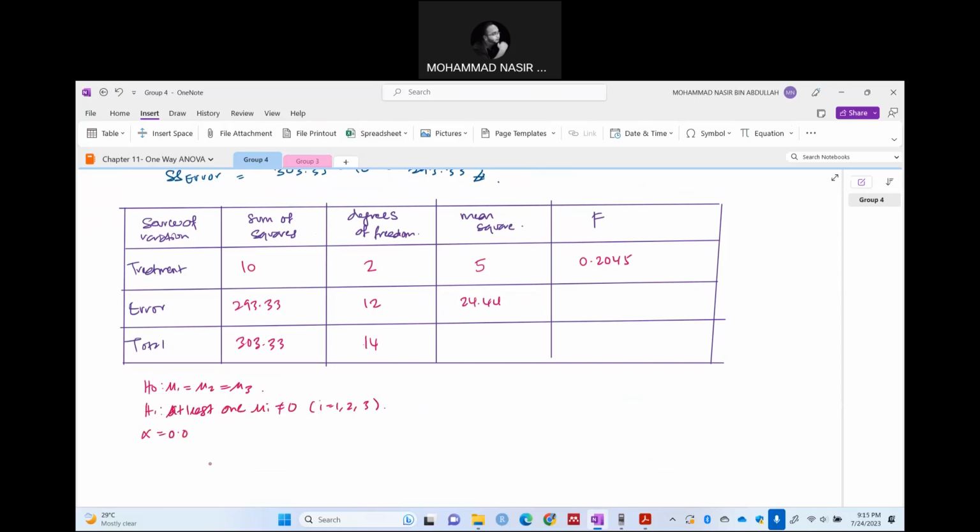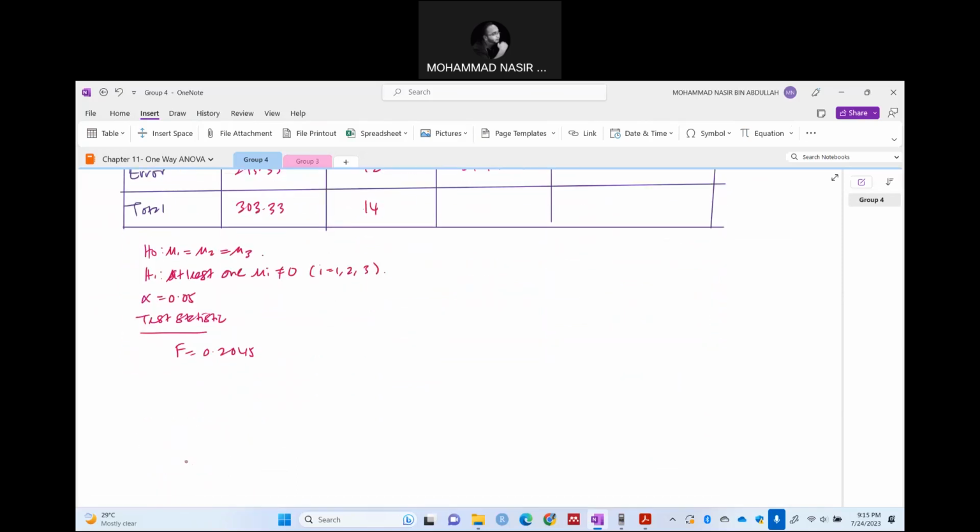Alpha 0.05, test statistic F equal to 0.2045. And next is critical region. Right. We just need to draw the rejection region.